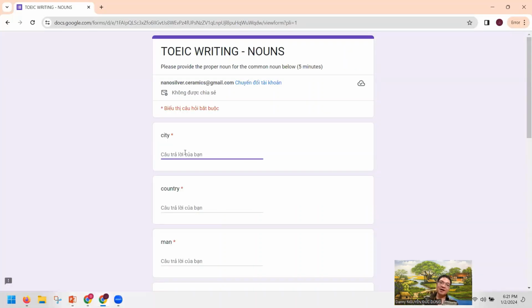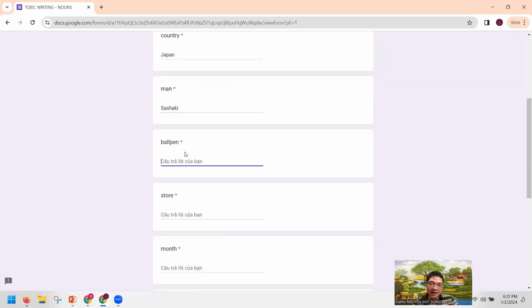For now they are providing the proper noun for the common noun city. For example, Tokyo, a country like Japan, a man like Sasaki, a ball pen like Fuji, a star like LV, very famous, Monday, February, and the fish like Nemo, a tree like a Japanese tree.